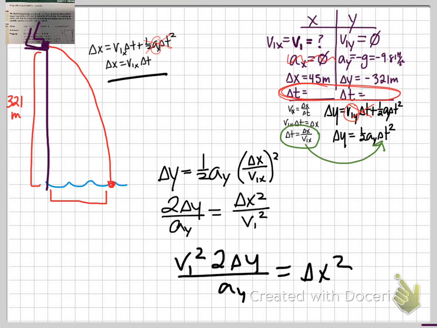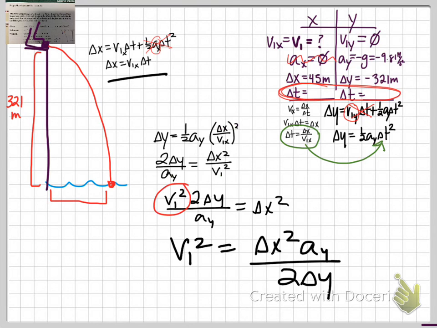Nope. Okay, I had a momentary algebra brain fart where I couldn't see it. Sorry for the stall. So, okay, vi squared equals delta x squared times a sub y over 2 delta y. To get vi, we just take the square root of that whole mess.